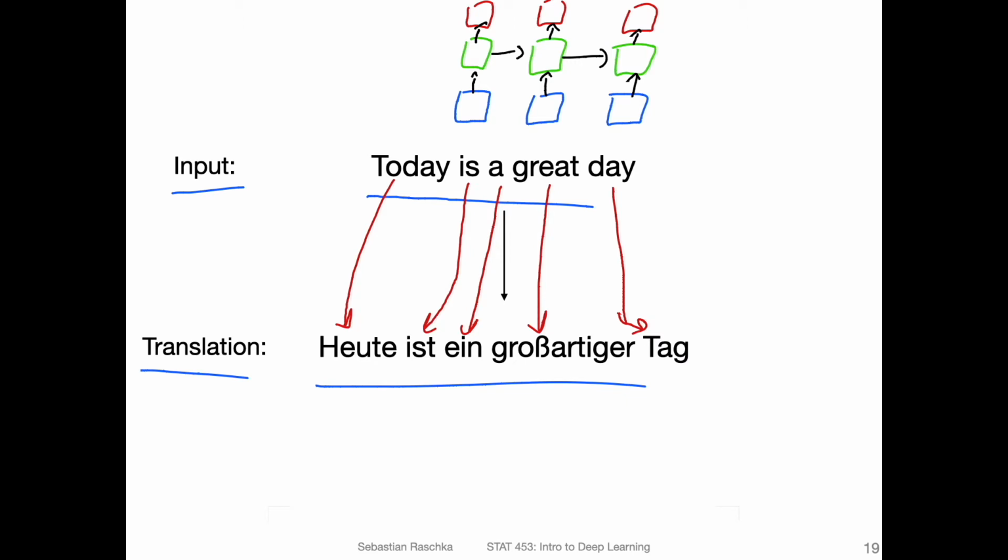But this doesn't work for all sentences. This is why we have this delayed setup, and this one goes into the decoder. The decoder then produces the outputs just based on the last state, because for some sentences there's not this one-to-one correlation between input and output word.